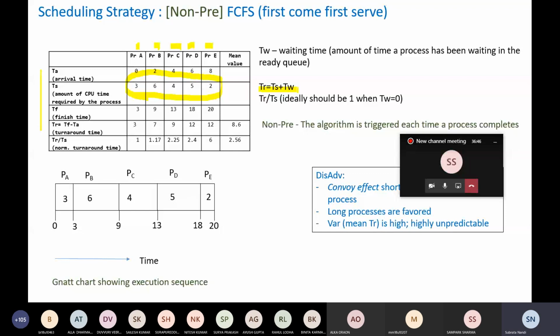And the normalized turnaround time is TR by TS. So this will be 1 plus TW by TS. You can see this one: it will be 1 plus TW by TS.